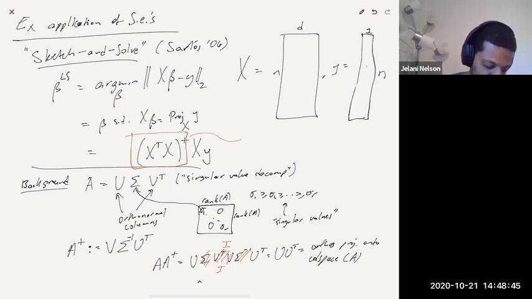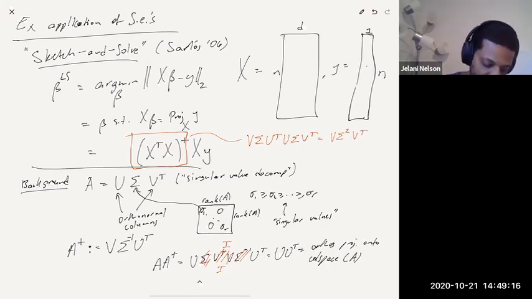Based on the SVD, X transpose would be V sigma U transpose, right? So that's X transpose. Times X would be U sigma V transpose. So that would be equal to V sigma squared V transpose.